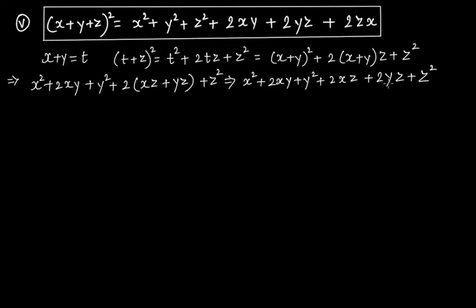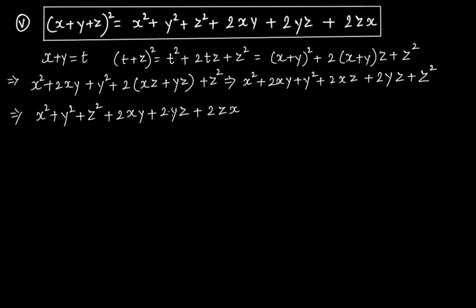Let's rearrange it and rewrite it as x² + y² + z², bringing this z² here, and then 2xy, then 2yz, and then 2zx, because it is basically 2 multiplied by x multiplied by z, so it's nothing else but 2 multiplied by z multiplied by x.